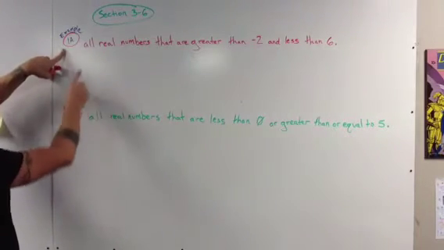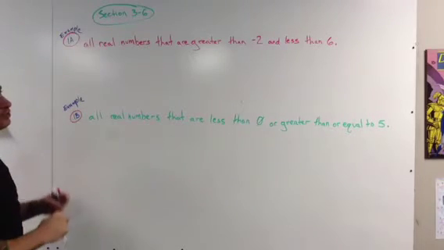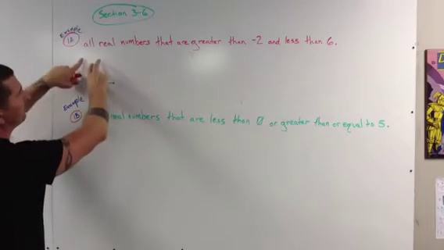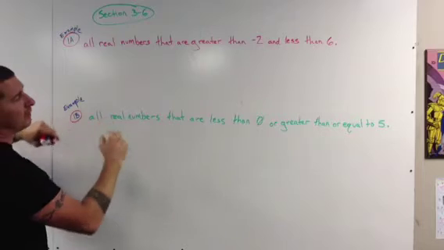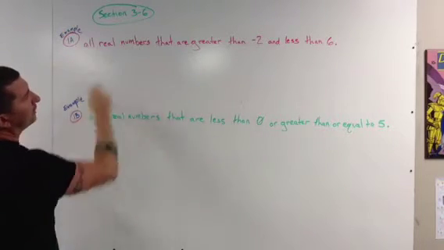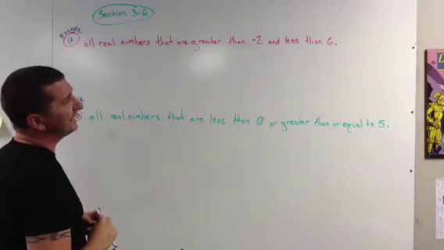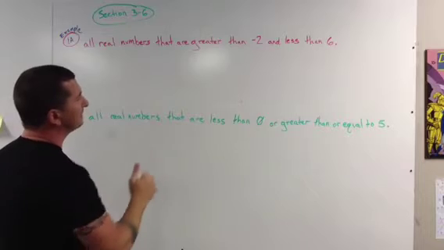The first example, we're just going to read this statement and then try to graph the compound inequality that is expressed here. It says all real numbers that are greater than -2 and less than 6.